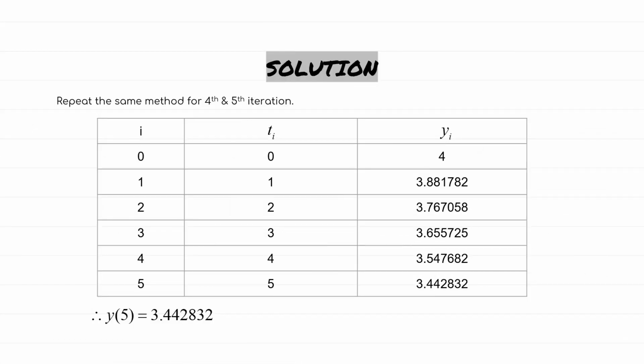We repeat the method for the fourth iteration, 3.547682, and the fifth iteration, 3.442832. The value of y when t equals 5 is 3.442832 milligram using the Runge-Kutta order 4 method.